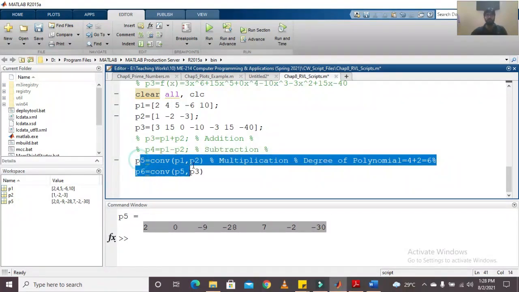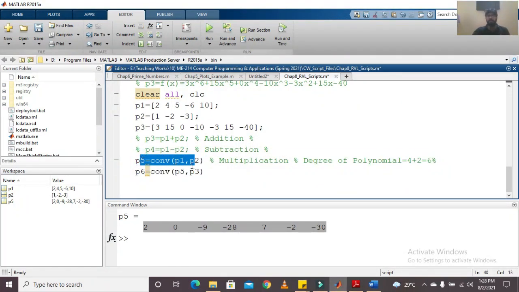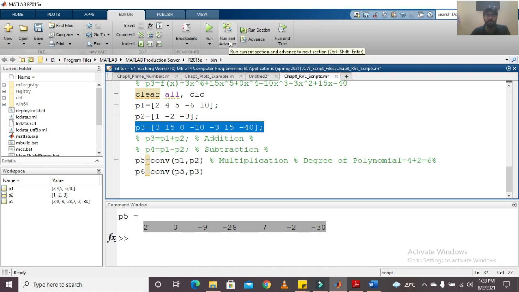P5 is the resultant after the multiplication of P1 and P2, and P3 is this polynomial. So what we learned here is that we can multiply more polynomials by using the conv function repetitively.